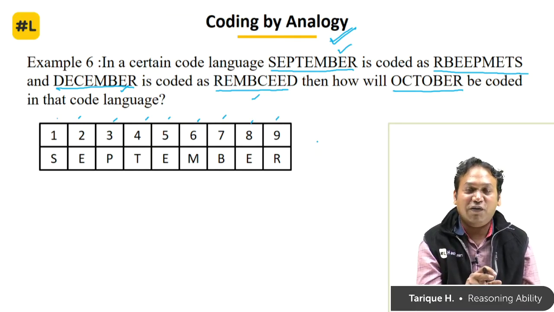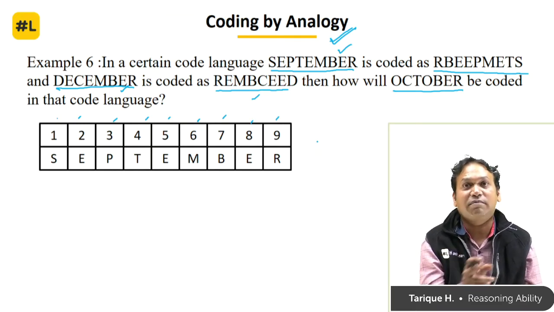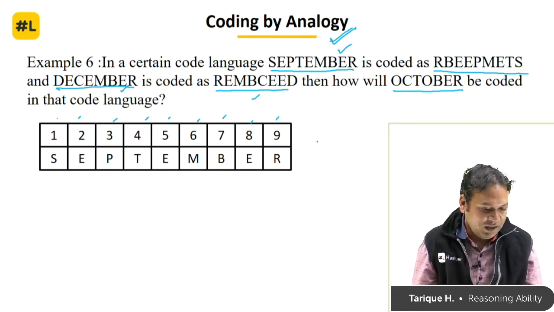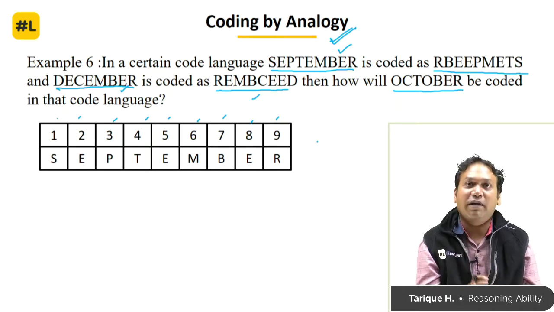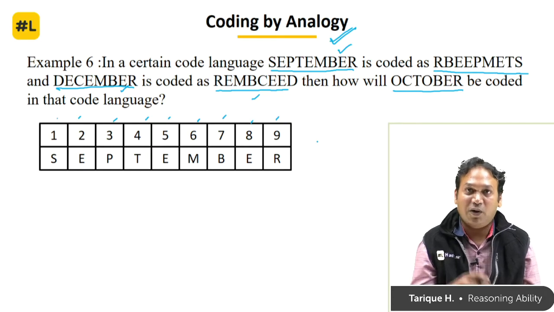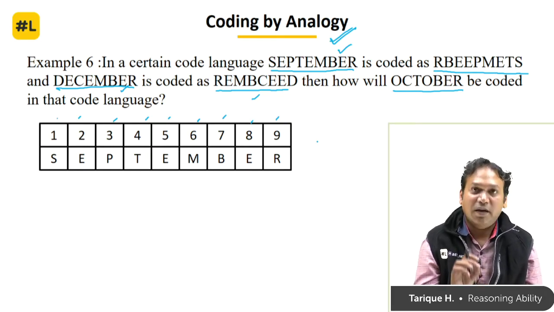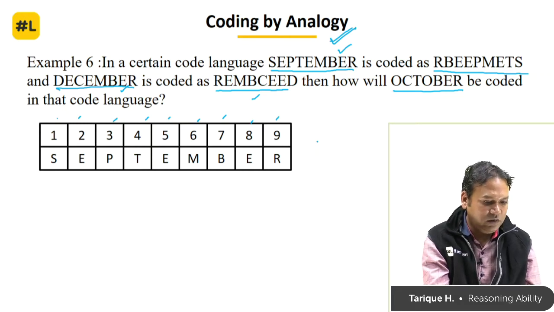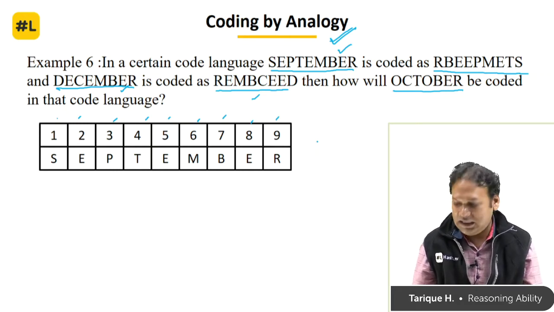The 9th month of the year has 9 letters, no other month in the year has 9 letters, right. That is something that you can remember as a trivia, that the only month which contains 9 letters in its name is September, which also happens to be the 9th month of our calendar. So we have here 1, 2, 3, 4, 5, 6, 7, 8, 9, September.